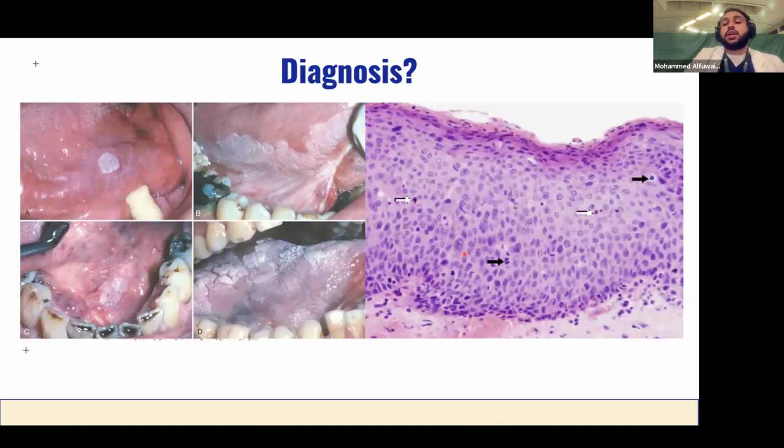Think of it as a precancerous lesion, or a risk factor that will develop into cancer, and it's usually because of smoking. It's characterized as a white patch that you cannot scrape off, and it's most likely in the lateral tongue. Those are the key things in the case scenario that they usually bring to you.